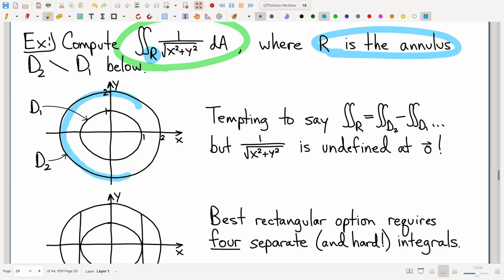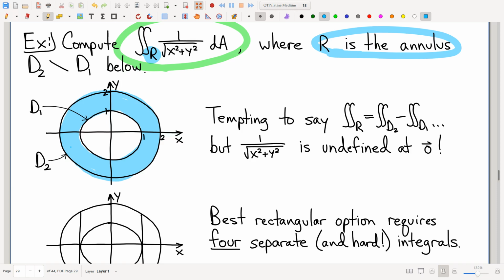I got into coloring mode. Just this part, like this. I don't know why I think of this as a moat around, I imagine a little castle right here. I don't know why. And anyway, so if that's the domain for your integral, how would you compute this integral?